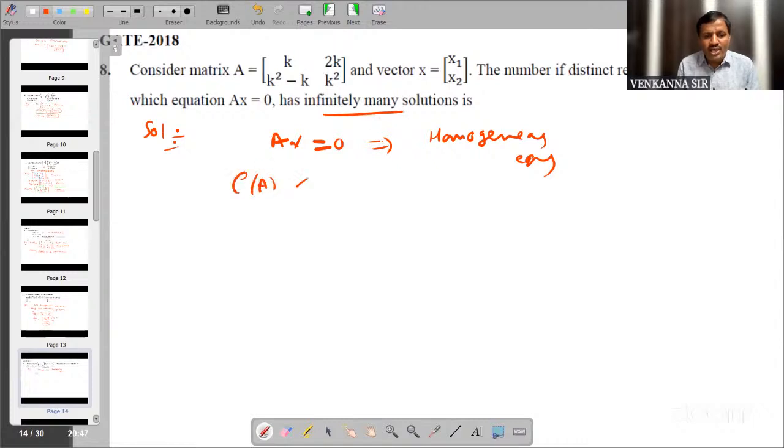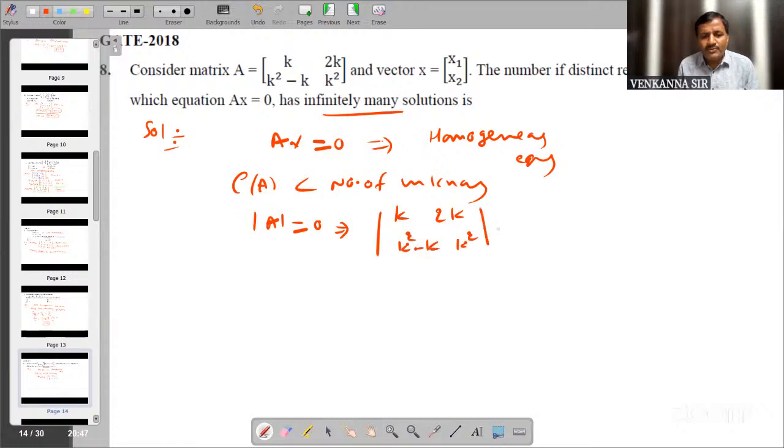Rank of A is less than number of unknowns. For that, determinant of A is equal to 0. Determinant of K, 2K, K square minus K, K square equal to 0. K cube minus 2k into k square minus k equal to 0.